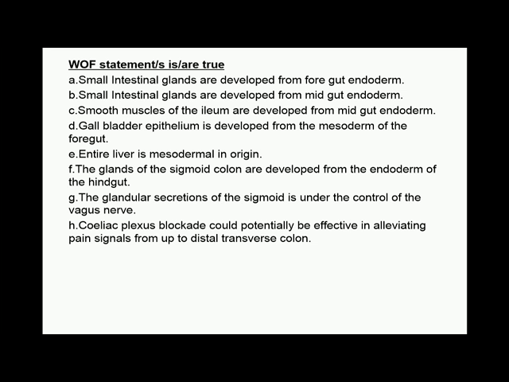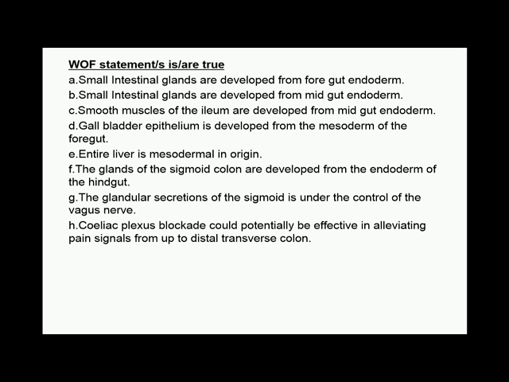The glandular secretions of the sigmoid colon are under the control of the vagus nerve. Sigmoid colon is your hindgut. Hindgut is not innervated by the vagus nerve. The parasympathetic component of the hindgut is by the pelvic splanchnic, S2, S3, S4 component.